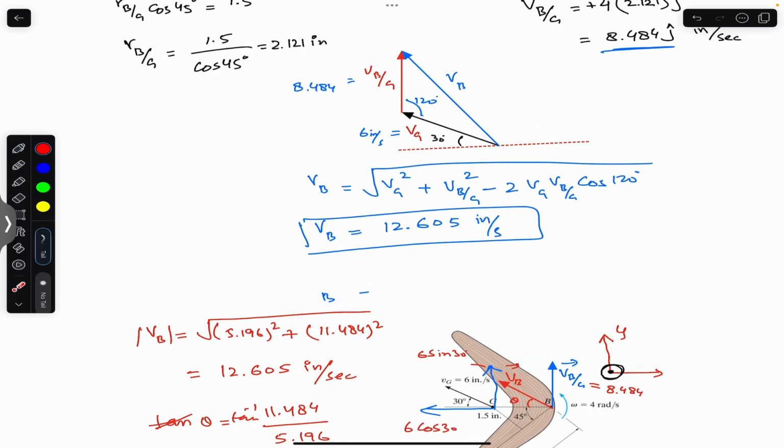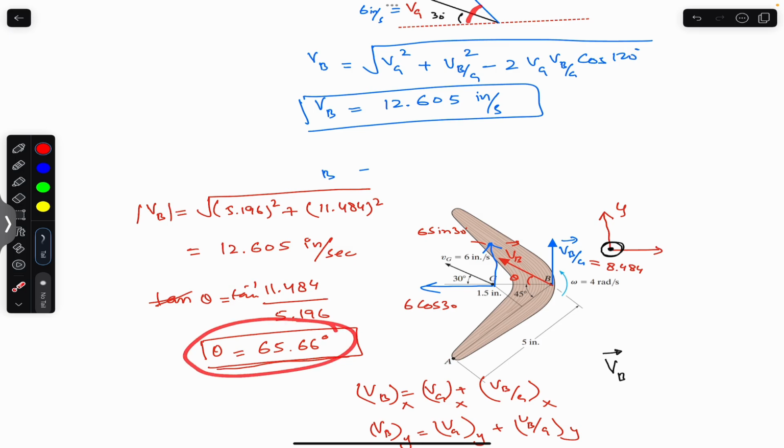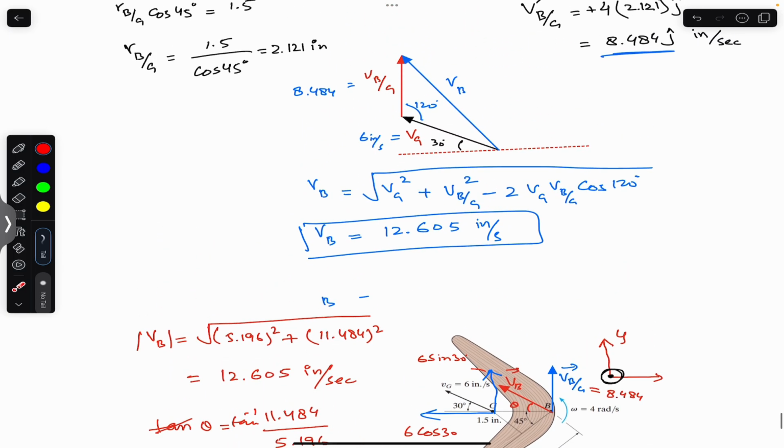Now we can find the angle of this VB as well, that angle theta, which we earlier got as 65.66 degrees. Let's say the internal angle is angle alpha. First of all, we need to find angle alpha, and then angle theta will be equal to alpha plus 30 degrees.